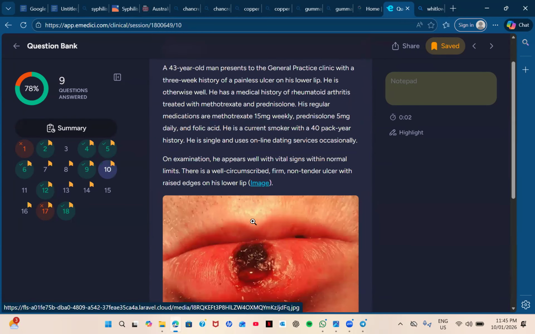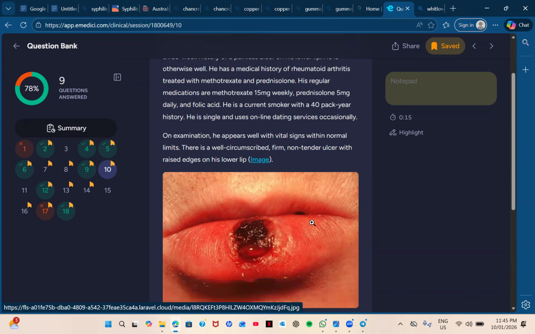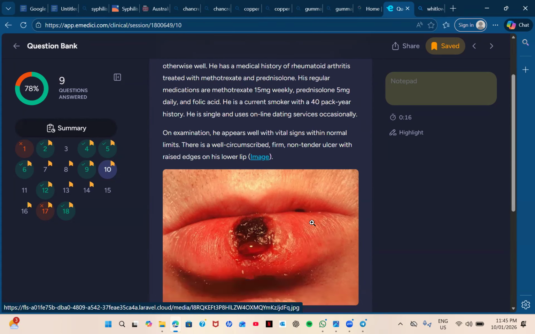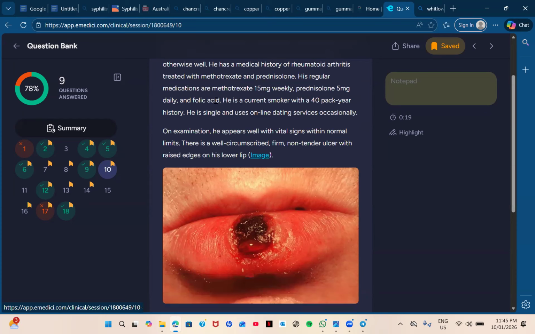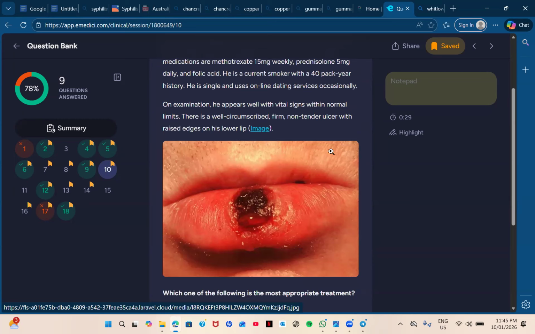A 43-year-old man presents to the GP clinic with a 3-week history of painless ulcers on his lower lip. He is otherwise well. He has a medical history of rheumatoid arthritis, treated with methotrexate and prednisolone. His regular medications are methotrexate 15 milligrams weekly, prednisolone 5 milligrams daily, and folic acid.